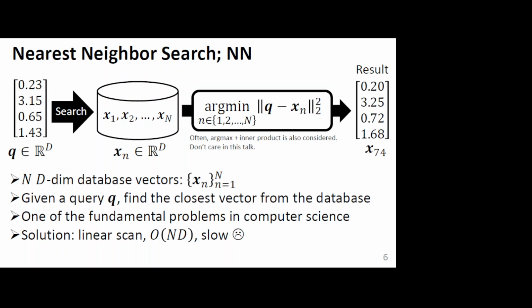Given such a vector database, our goal is, when the user submits a query Q, where Q has the same dimensions. Here it's a 4-dimensional vector. Then we use this query Q to search in the vector database.